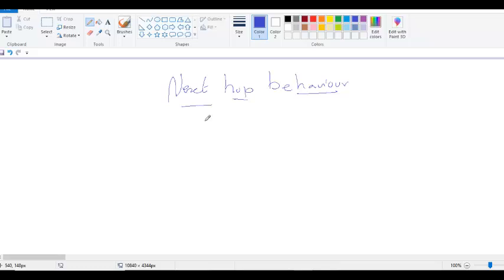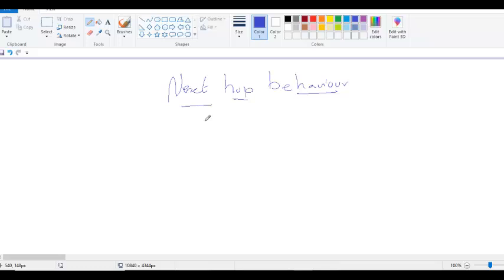Straight to the point, the next hop advertised by an EBGP neighbor is carried into IBGP. Hope you got this point. I was very slow, so I repeat again.